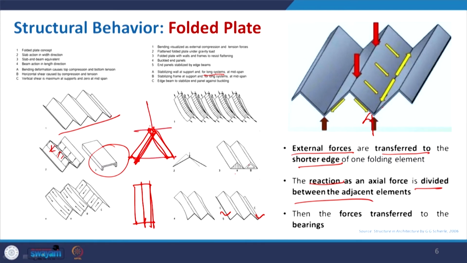So, it is again an optimization of the structural section, where this can be converted to the folded plate, because previously we have also discussed this, whenever we have a rectangular section.